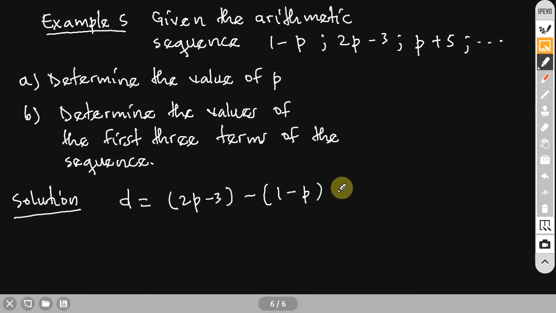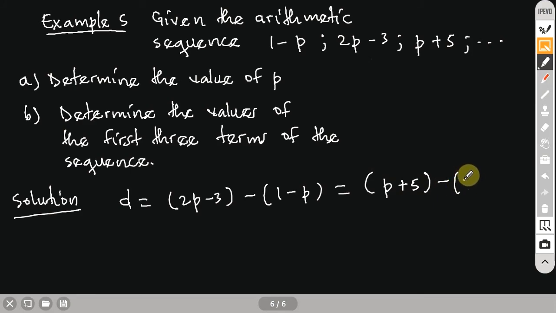And this must be equal to, because it is a common difference that is constant. So this must be equal to T2. And this is T, no, not T2. It's T3 rather. And T3 is p plus 5 minus T2.